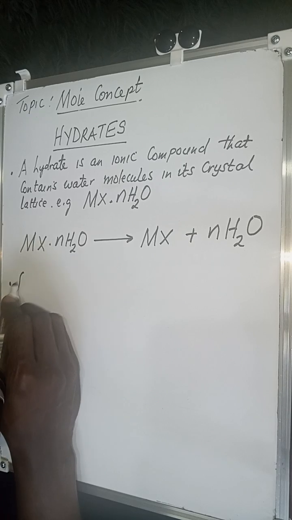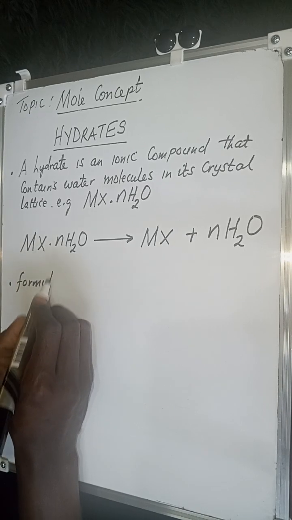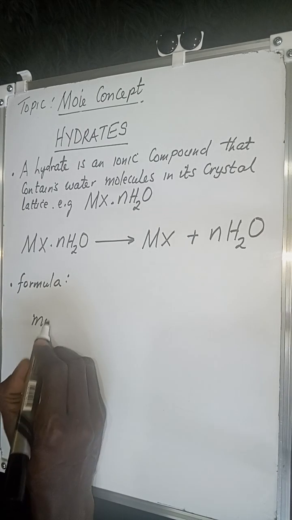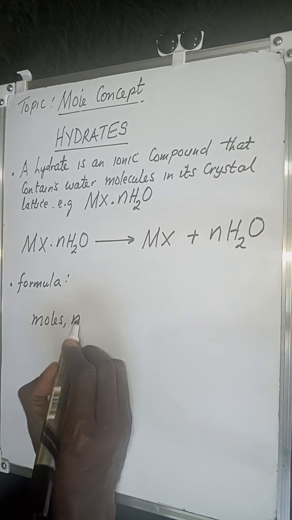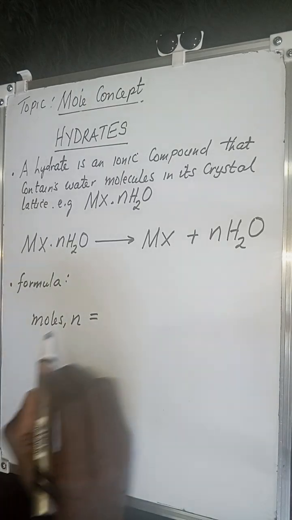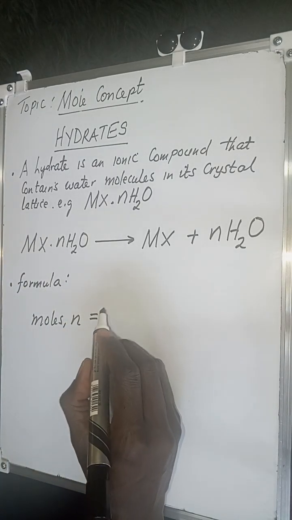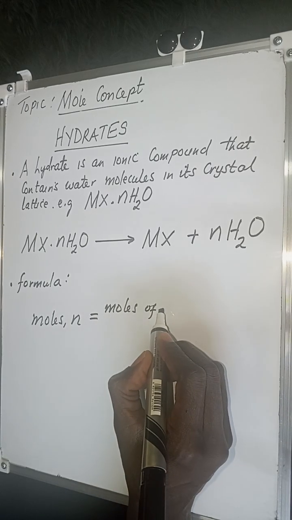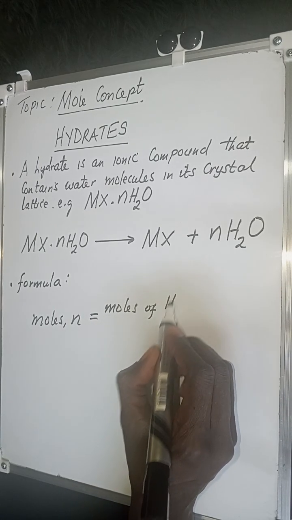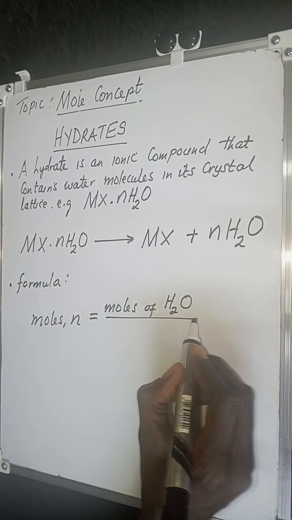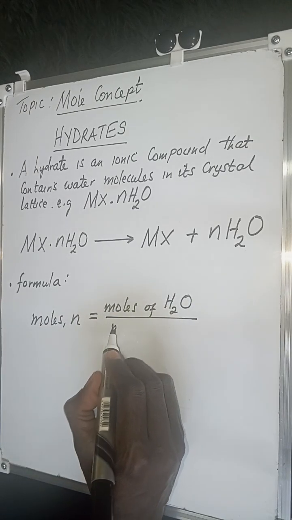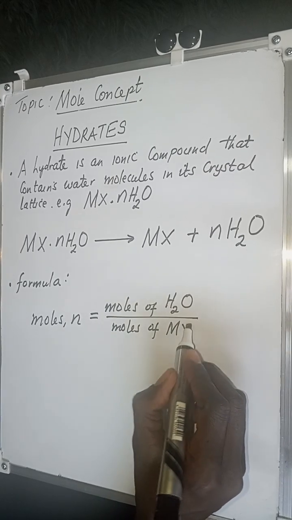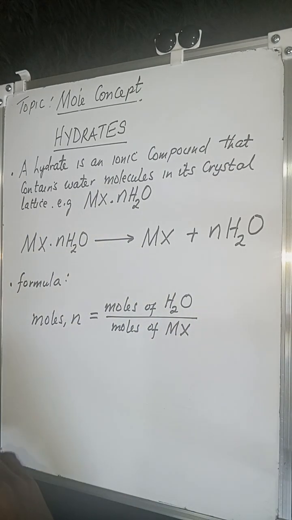So what's the formula that you can apply in order to find n, the number of water molecules? Well, you can simply apply the formula: moles of water, in this case moles of H2O, divided by the moles of the anhydrous compound that you have.